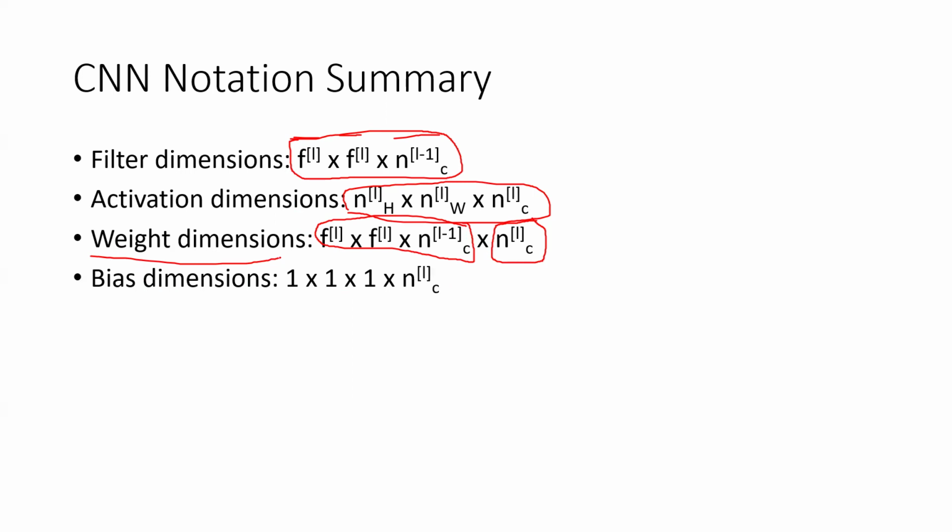When there are several filters, for each filter these are the dimensions, and with many filters it should be multiplied by the number of channels. For each of the values, we should have weight values. For each of the channels, we should have a bias as well.